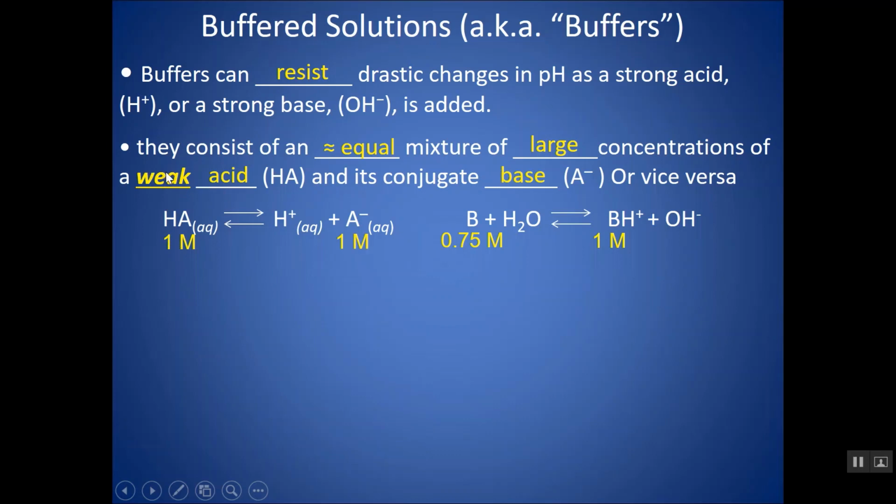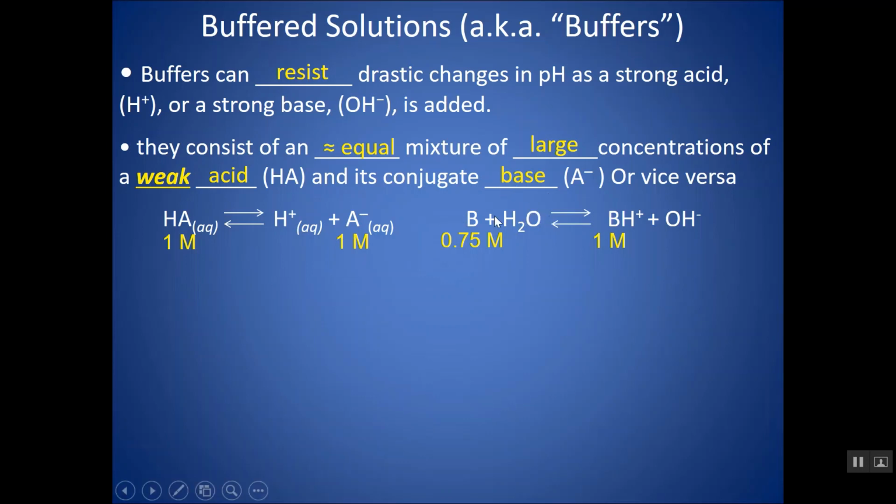Again, weak being a really key word here, because if you were to have a strong acid, that would 100% ionize. You would have an arrow all the way to the right, and it wouldn't be able to go in the reverse direction because its conjugate would be of negligible strength and not able to accept that H plus and act as a base. So you need to make sure you have a weak conjugate acid-base pair.